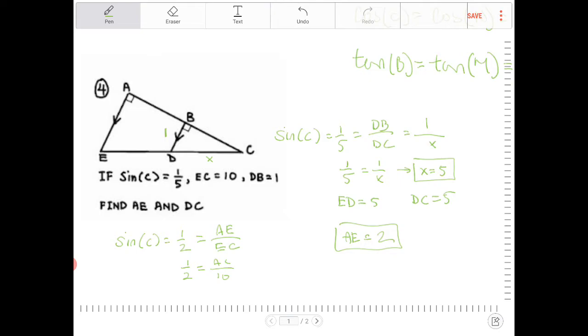And, oh, I'm sorry. This is not 1/2. It's 1/5. That's why I'm looking at this strange. So then AE, what would AE equal? If I cross multiply both sides by 10, AE is equal to 2.